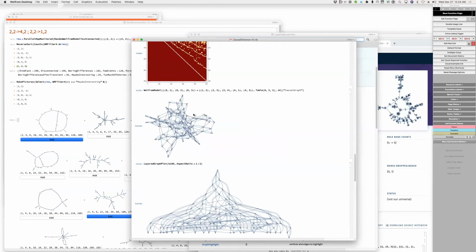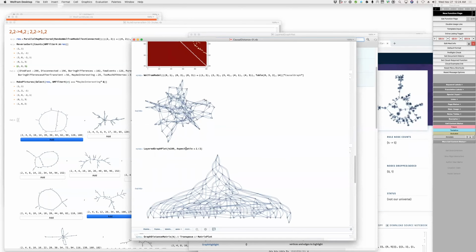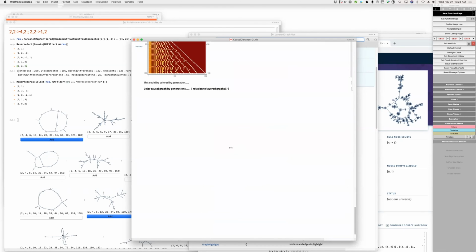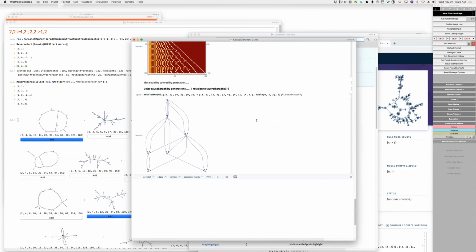So in that case, what we should do is take this plot and compute for every node its distance from the root node. Is it a numbered node that's the root node? Well, technically there is no root node, but in this case it's going to be 1.